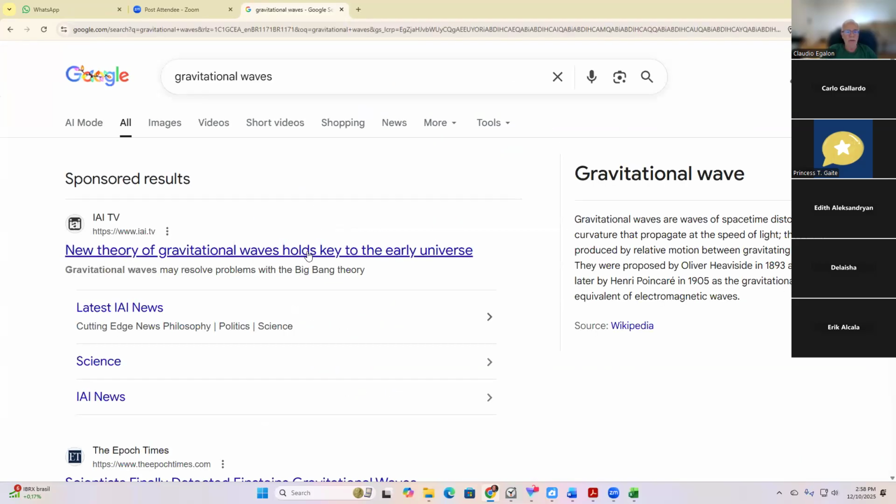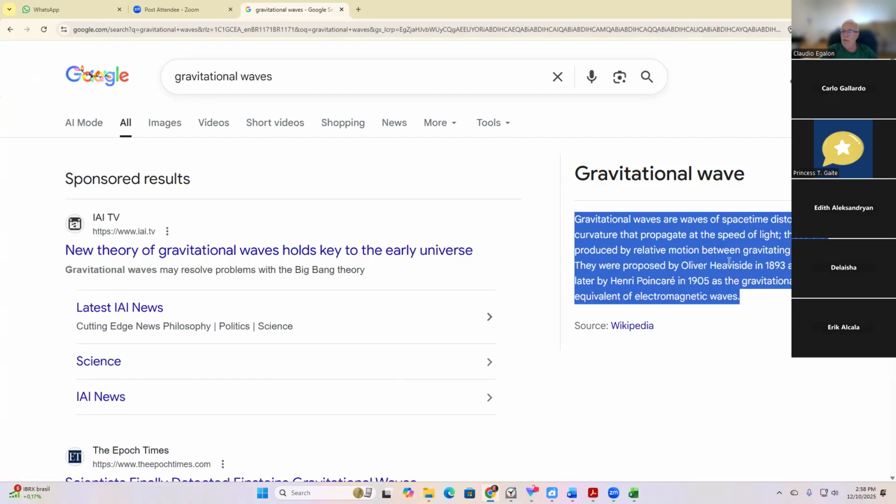Okay, new theory of gravitation holds key to the early universe. Gravitational waves are waves of space-time distortion and curvature that propagate at the speed of light. So think about the gravitational wave as a distortion in the space-time continuum. It's a distortion not in the 3D, but in the 4D, the four-dimensional space.